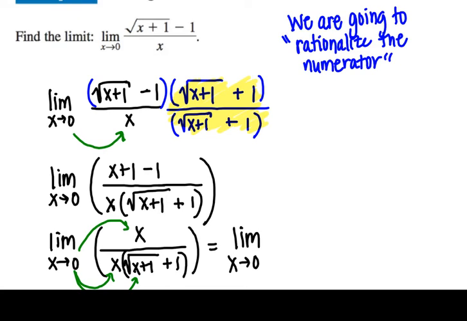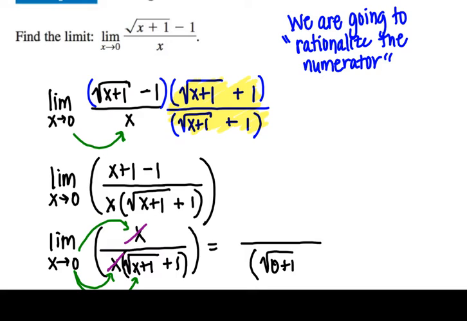Actually, I don't have to rewrite that because I'm going to compute the limit right now. So I've got 0 over 0 times the square root of 0 plus 1. No, that's not what I have. These x's canceled out. So I don't have 0 in the denominator or the numerator, which is exactly what I wanted to avoid.